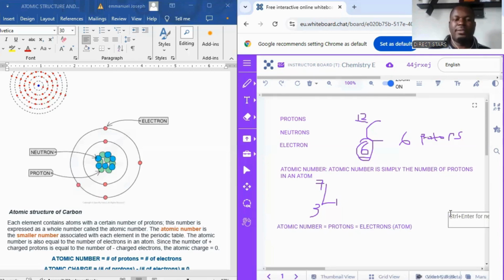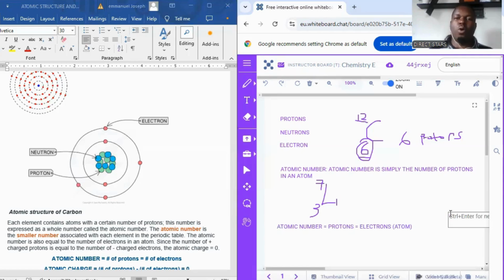The reason is due to the fact that protons are positively charged, electrons are negatively charged. Atoms are neutral particles. They are neutral. So if they are neutral, that means they possess equal positive and negative charges. Okay, that is what makes a particle neutral.